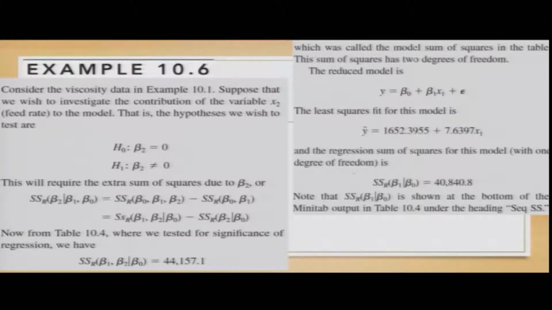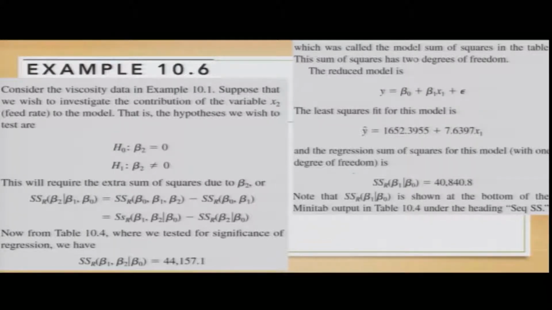The regression sum of squares of this model, that is, the sum of squares of beta 1 given beta naught, comes out to be 40,840. Note that this value is shown at the bottom of the output, depending on the way you have mentioned them.